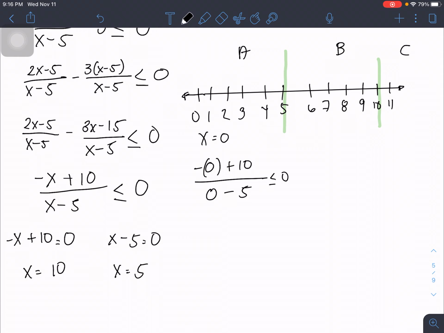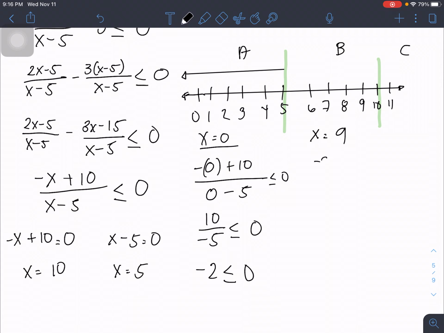So this will be 10 over -5, less than or equal to 0, and this will be -2. And -2 is less than 0. So values at region A will be included. So I'll be having an arrow here. Next is to prove letter B. I think I'll be using 9.